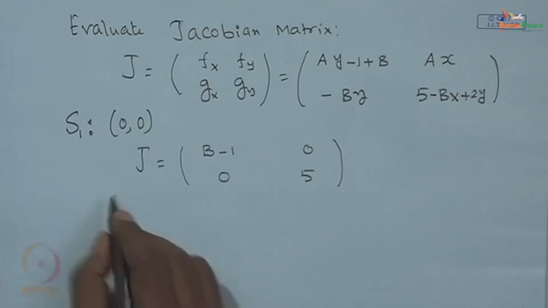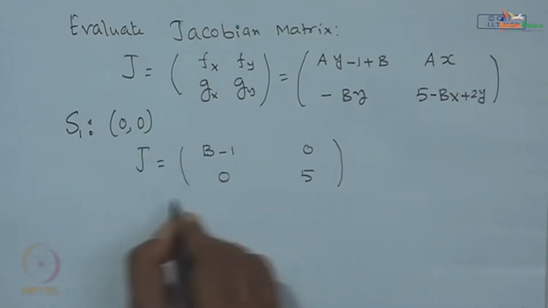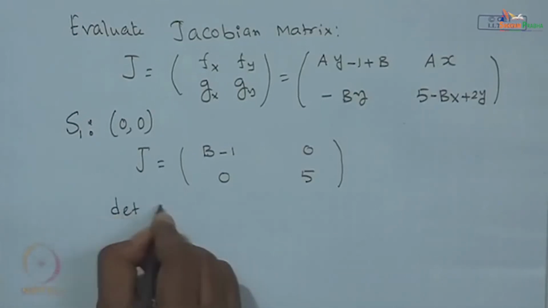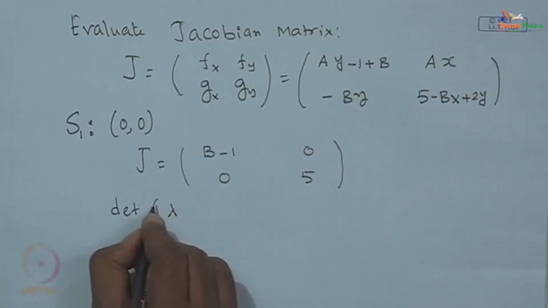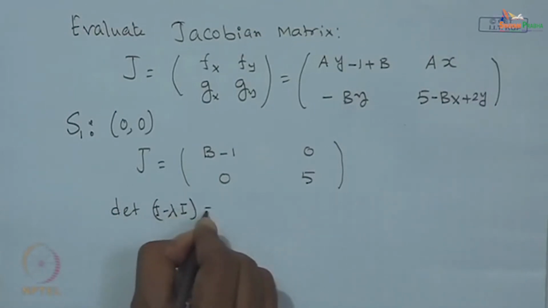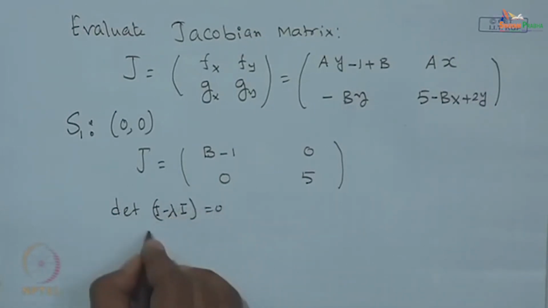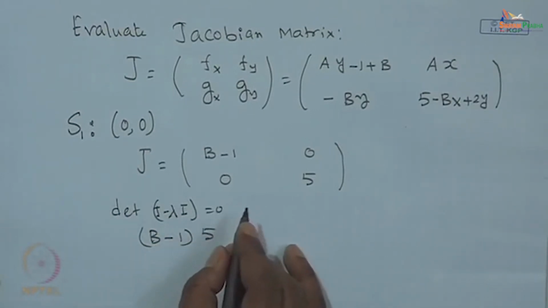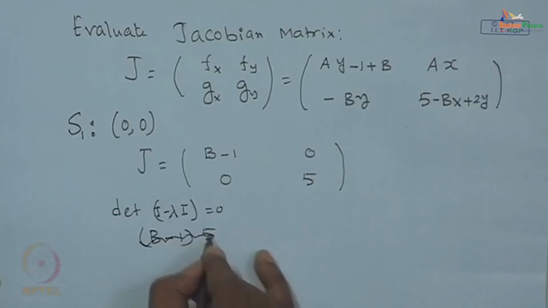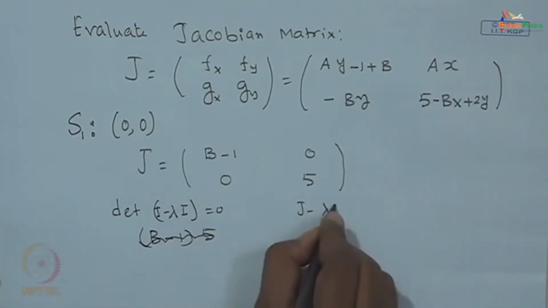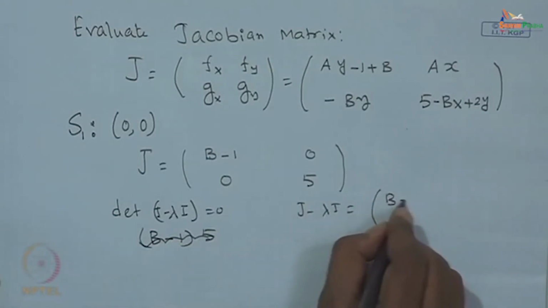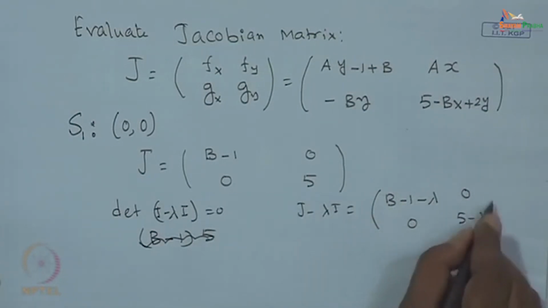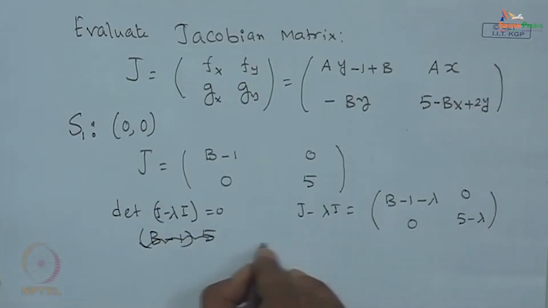So, you evaluate the eigenvalues. The characteristic equation becomes determinant of (J - lambda I) equal to 0. J - lambda I becomes [b - 1 - lambda, 0; 0, 5 - lambda]. So, the determinant of this will be equal to 0.